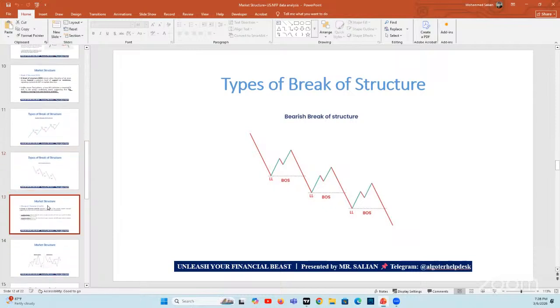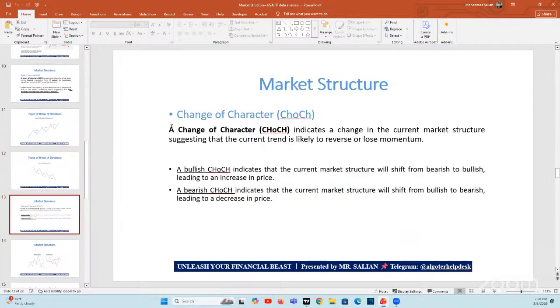Now for the change of character, what is the difference between a BOS and a change of character? Anyone have any idea? Before we go further, you have to really put your focus here.